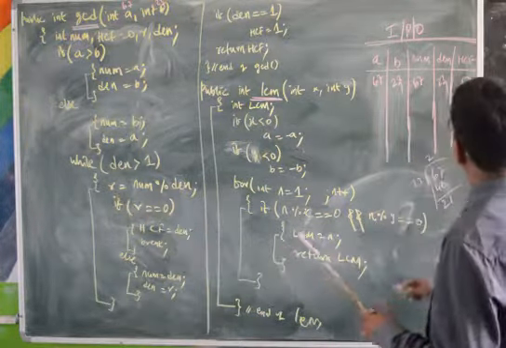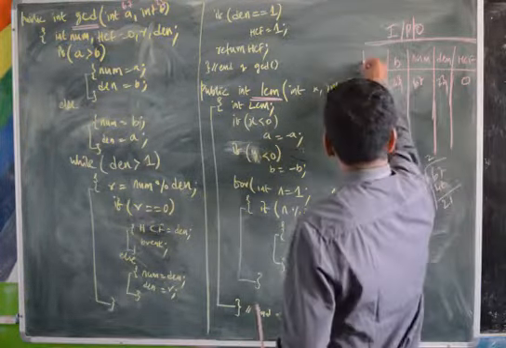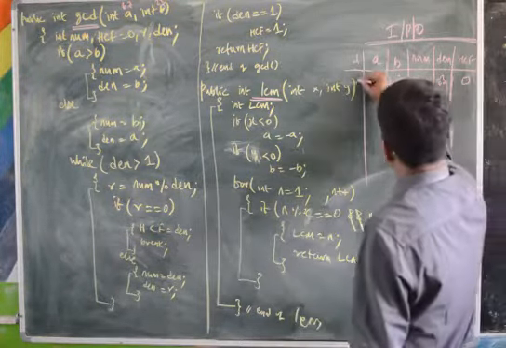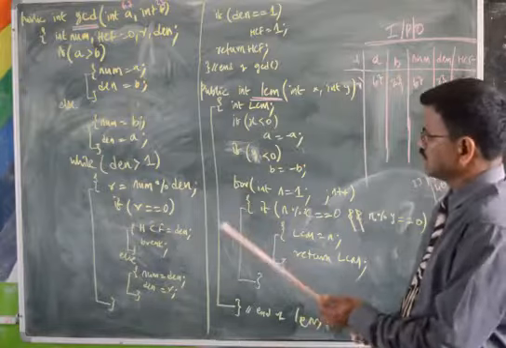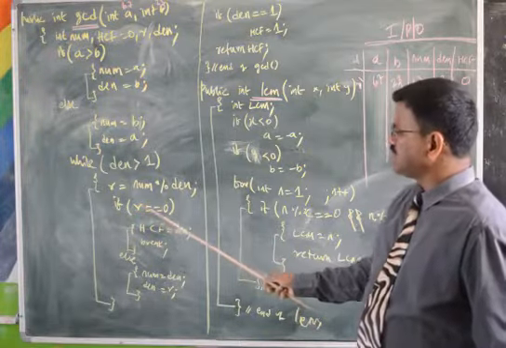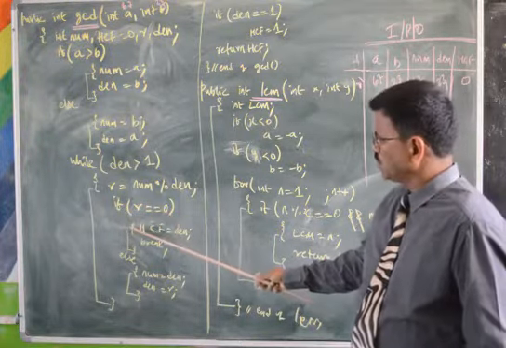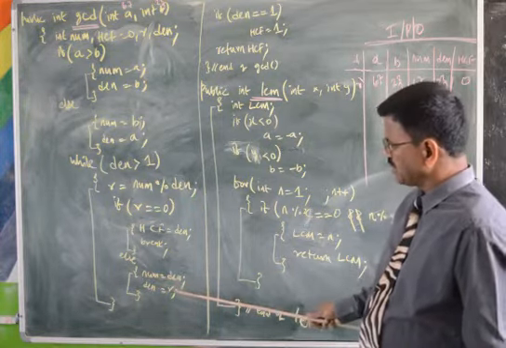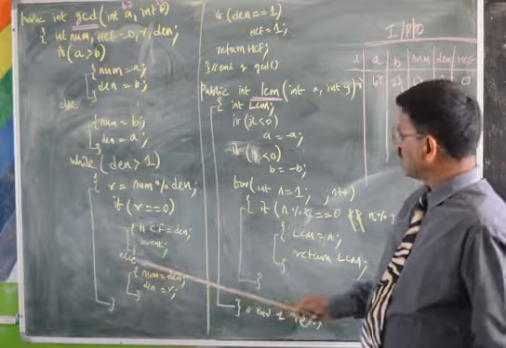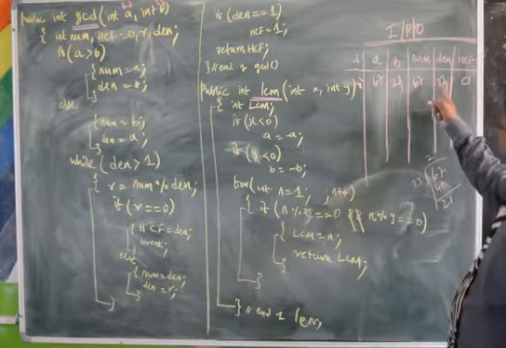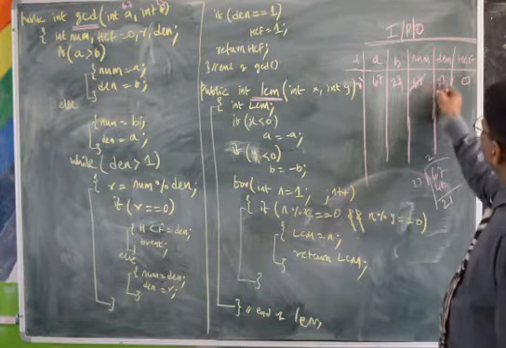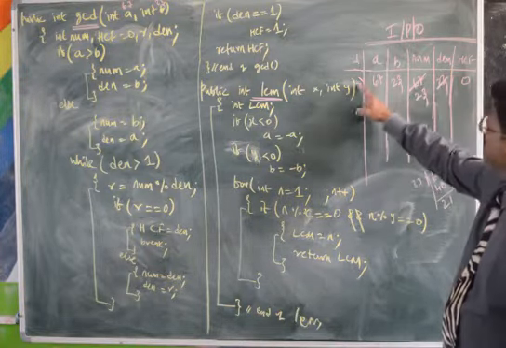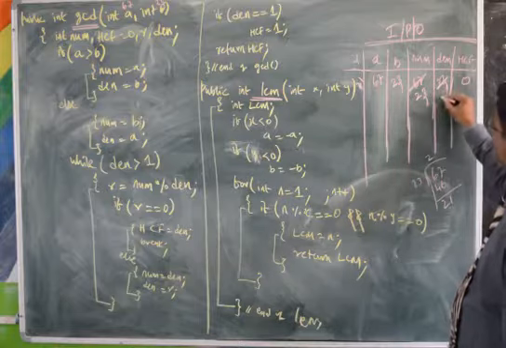R is the short form of remainder, and its value is 21. Is 21 equal to 0? No, so it comes down. The denominator becomes numerator, and the remainder becomes denominator. So your numerator becomes 23, and your remainder becomes the denominator.